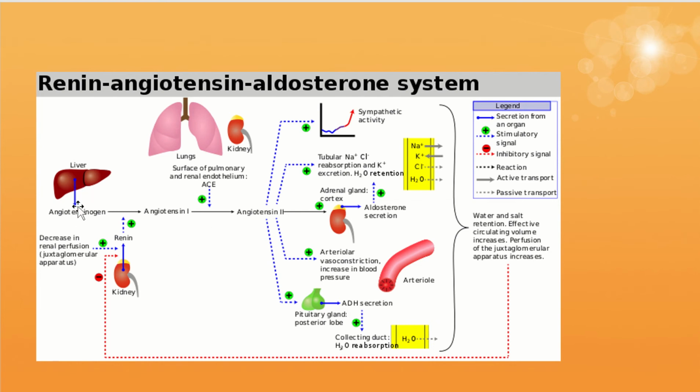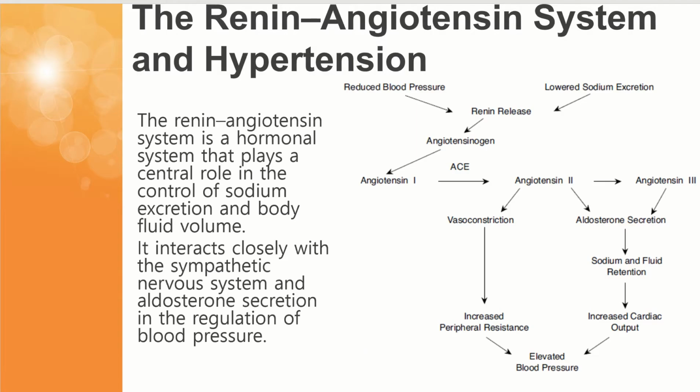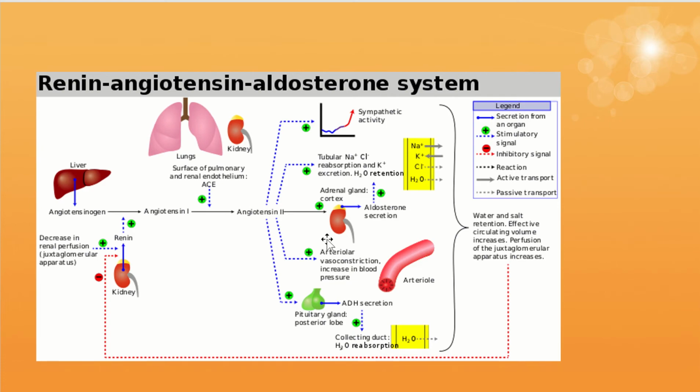So angiotensinogen is secreted from the liver and renin from the kidney, and through a series of processes and enzymes catalyzes the conversion from angiotensinogen to angiotensin 1 and 2, and eventually to angiotensin 3. And we see in our previous diagram where both angiotensin 2 and 3 are involved in aldosterone secretion.